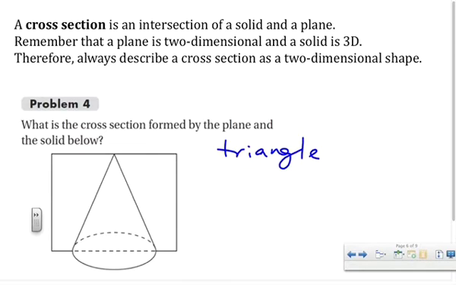Still getting really wild and crazy here. How about if I sliced it on a slant? If I were to slice this on a slant, what kind of cross-section would I have? It wouldn't be a circle, definitely not a triangle.